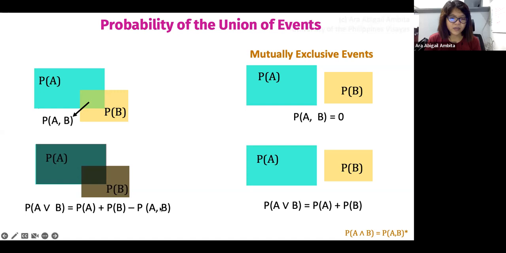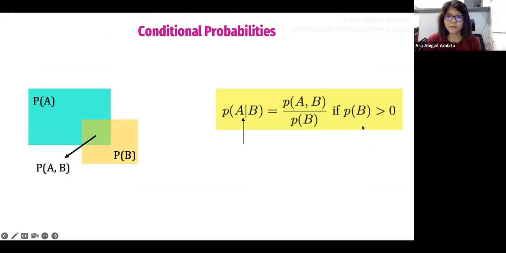Since this intersection is already part of P of A and P of B, we make sure to subtract that so the counting is correct and it's not including the duplicates, right? So what if the two events are mutually exclusive? The sets are disjoint, as you can see, which means that the intersection or the joint probability between the two events is 0. So to take the union of events, we simply take the sum of their probabilities.